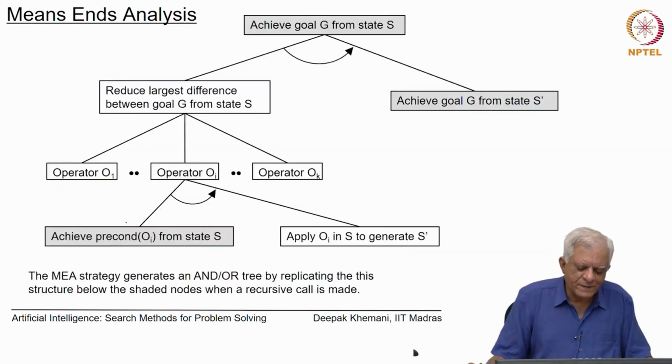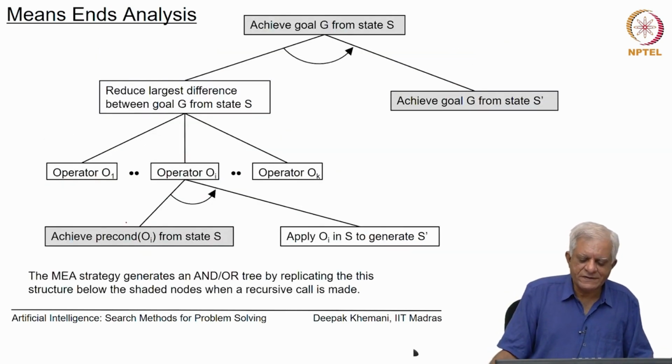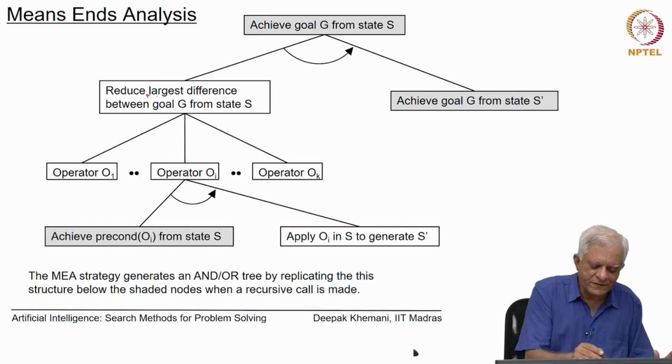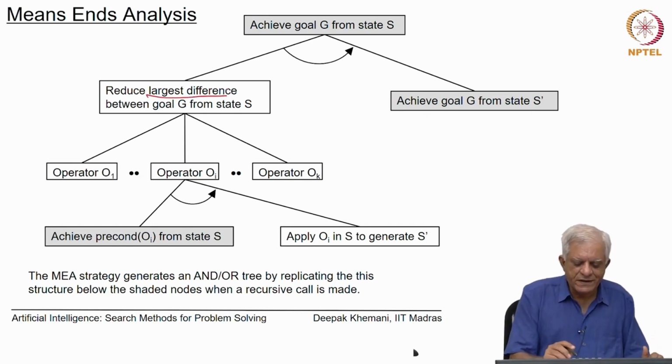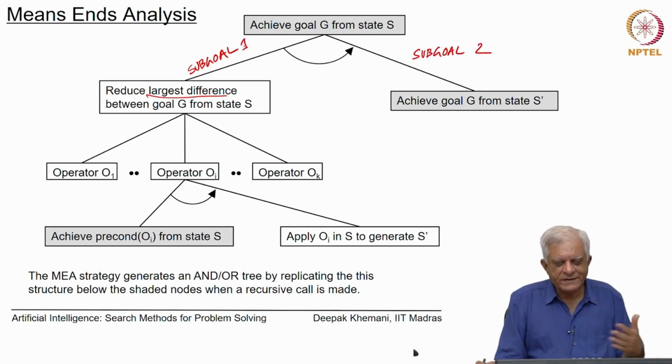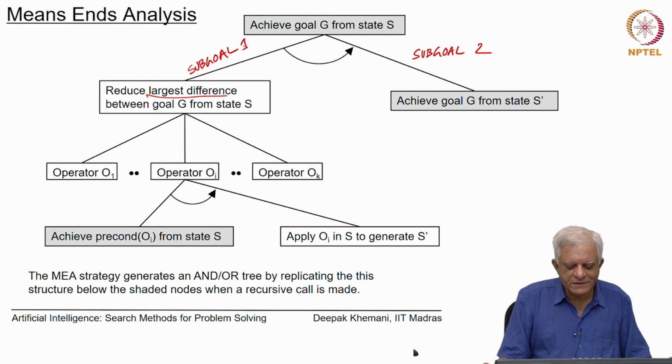And you might recall that we had also looked at this diagram, which says that if you want to achieve a goal G from a state S, then you reduce the largest difference, which is a sub goal that you are solving. So, you solve that sub goal 1 and then you move to sub goal 2. So, let us call this sub goal 1 and 2, and it has the same flavor of problem decomposition, that you address one part of the problem, solve it and then come back to the remaining parts of the problem.